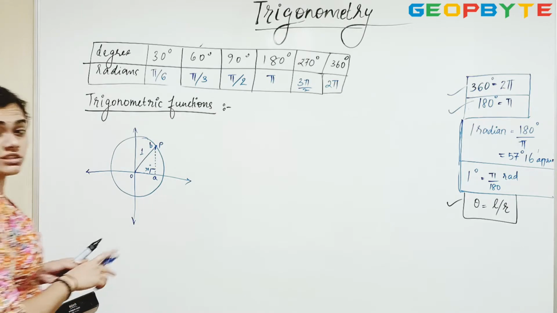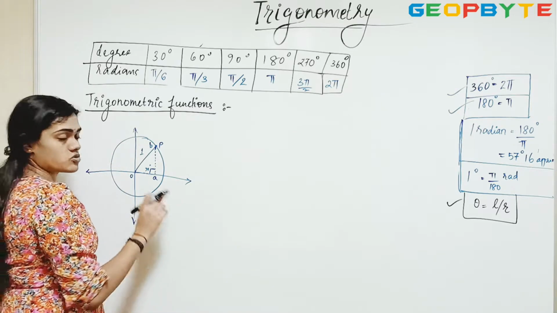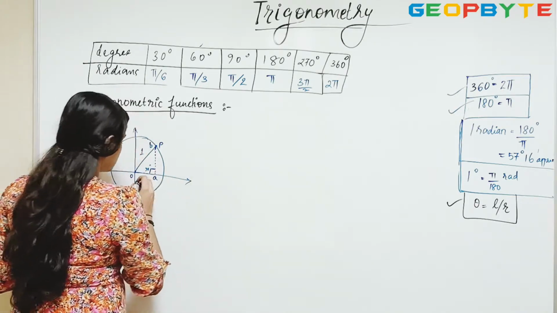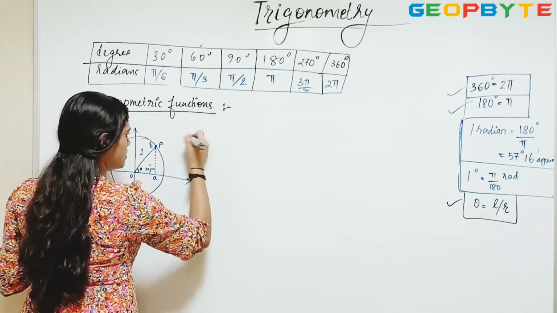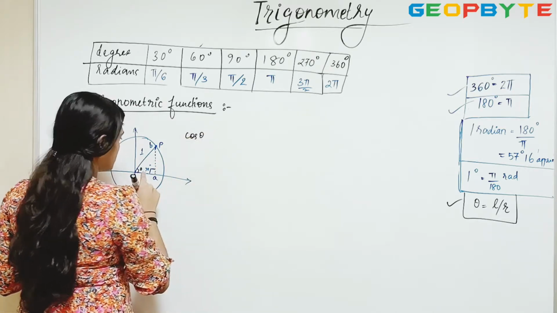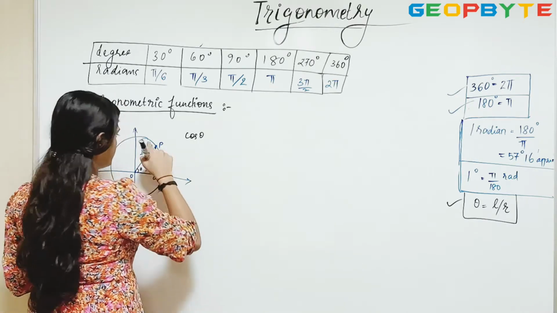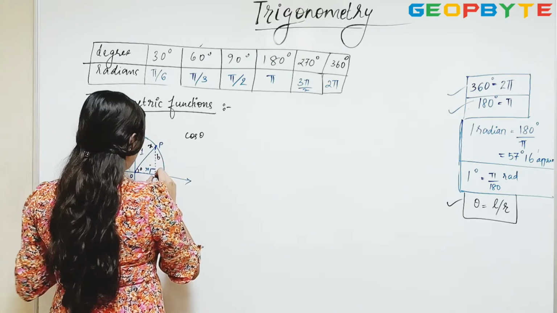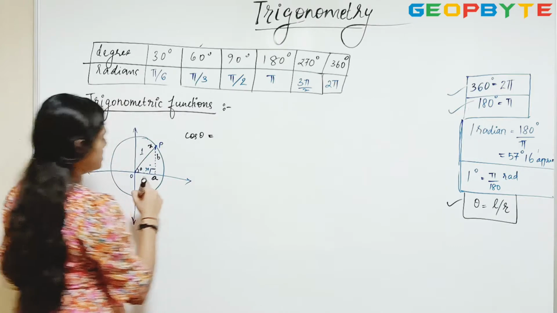So, whenever you see a triangle with 90 degree, what is the first thing that comes to your mind? It's Pythagoras theorem. So, in that Pythagoras theorem, what will be my angle if theta is the angle? What will be my cos theta? Cos theta is adjacent side by hypotenuse, no? So this will be x and let this be b. Let this be a. So what is my cos theta?